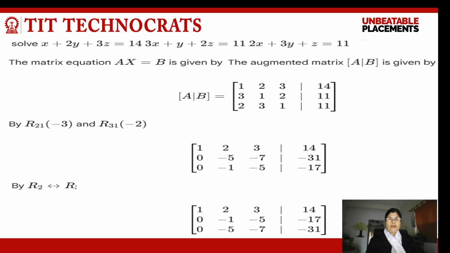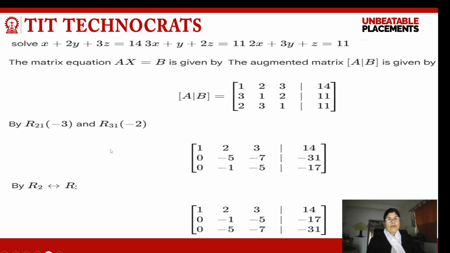Now we apply elementary row transformations. We subtract: R2 minus 3 R1, where we multiply the first row by 3, so the first row stays 1 2 3 14, and using R2 minus 3 R1 we get in the second row 0 minus 5 minus 7 minus 31.